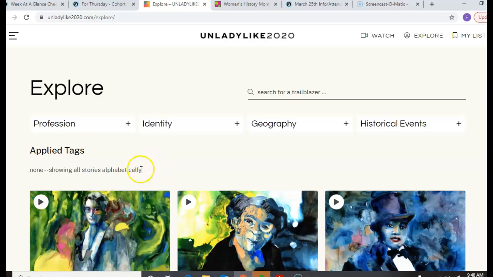And you are more than welcome to go through each of these tags to try to find someone, or you can just do a general search and look through all of these people. So I had mentioned that there's going to be a Padlet where you're going to put your final Pic Collage and the comment that the person who you share with made.